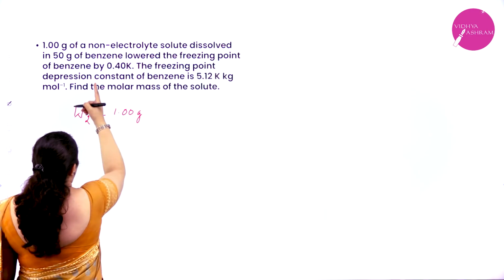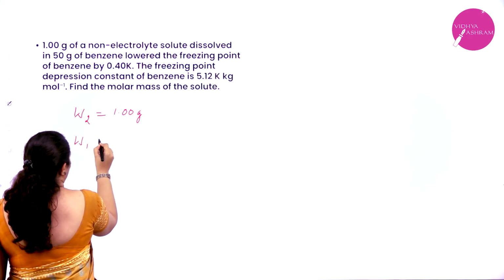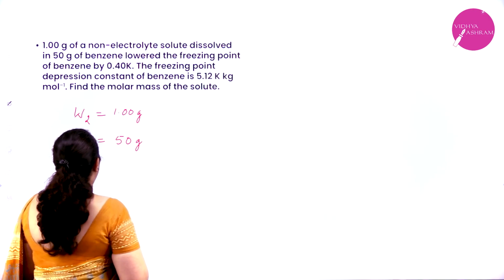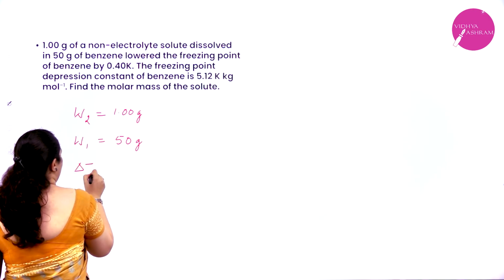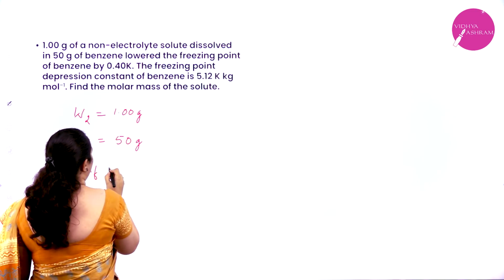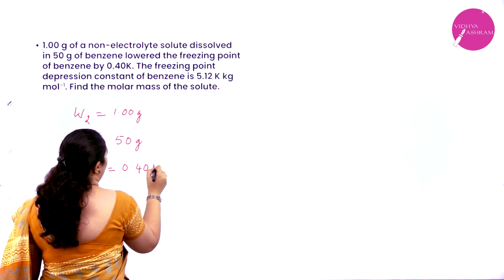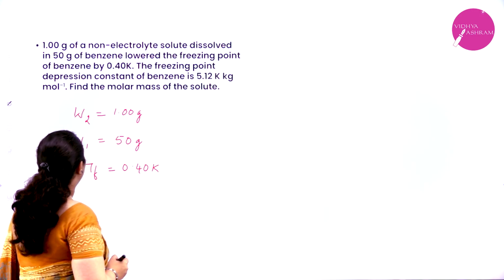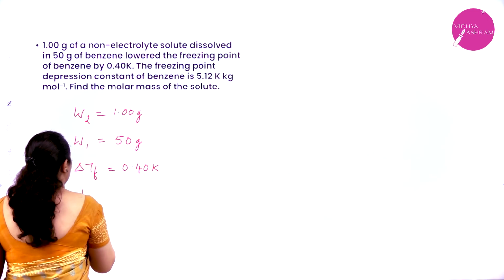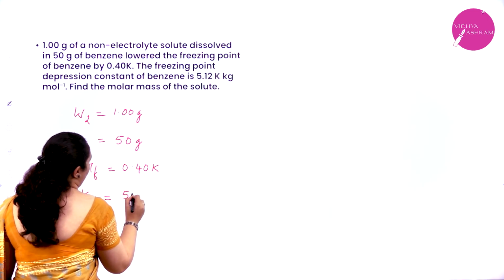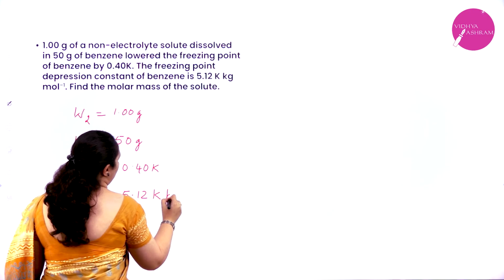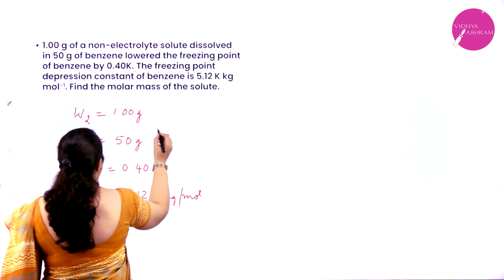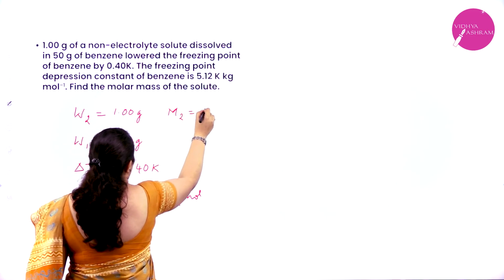Then benzene is the solvent. The mass is 50 grams. They have already given you delta TF. See, it is lowered by 0.40 Kelvin. So you don't have to find out delta TF. It is directly given. The freezing point depression constant, that is Kf, is equal to 5.12 Kelvin kg per mole.